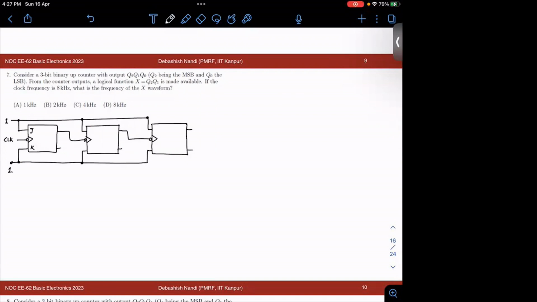Okay, so this is your Q0, this is your Q1, this is your Q2. Okay, this is your Q2 bar, and this is J0 K0, J1 K1, J2 K2, Q1 bar, Q0 bar. Okay, so this is nothing but your up counter.